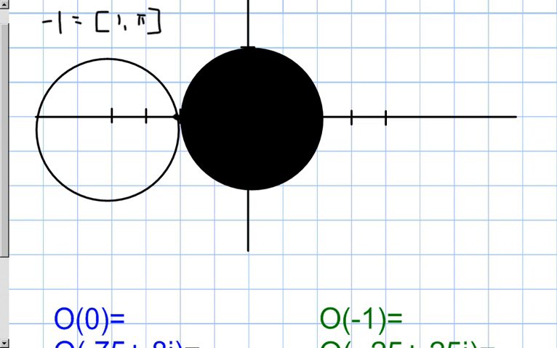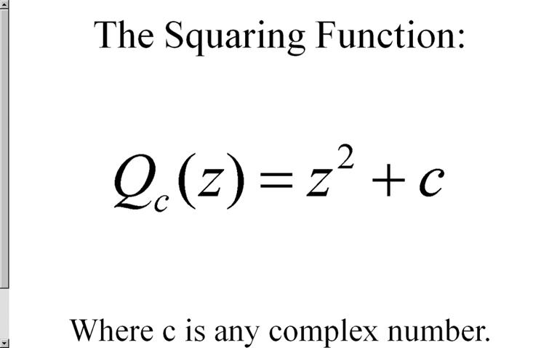Let me formally define the two. For the rest of this chapter, we are going to exclusively study complex functions of the form z squared plus c. Now, is that the only quadratic complex function?